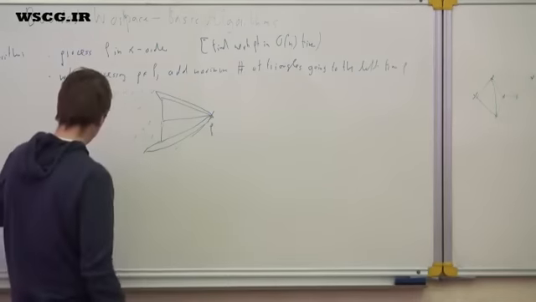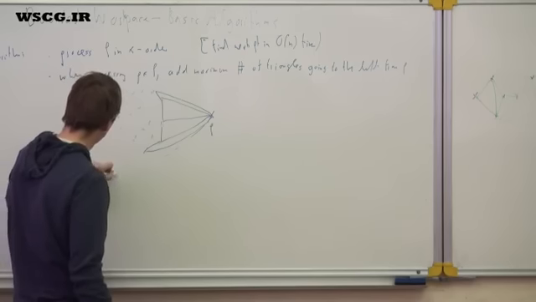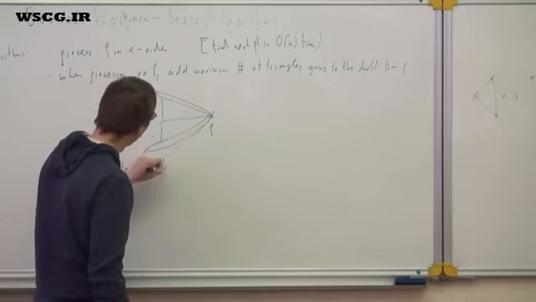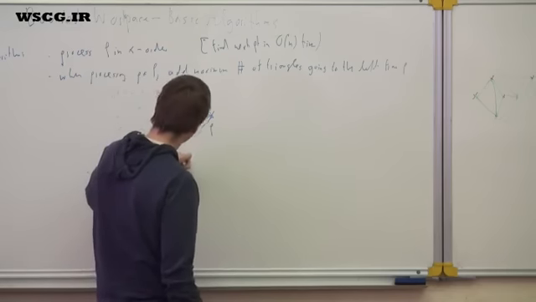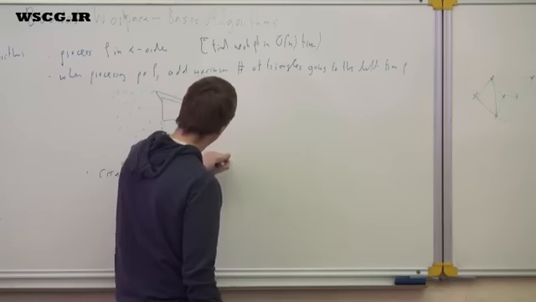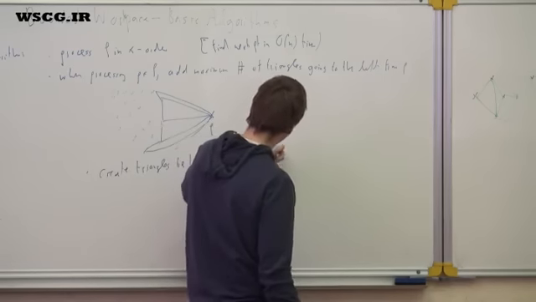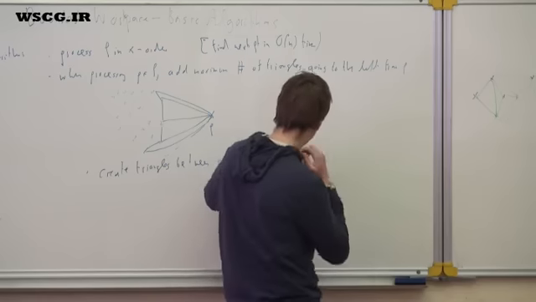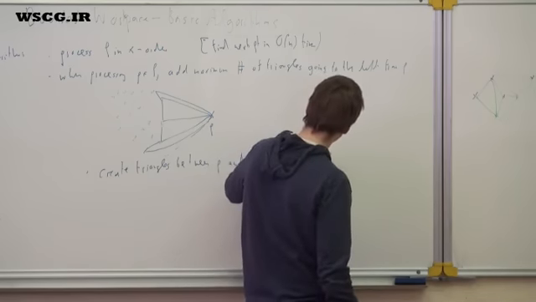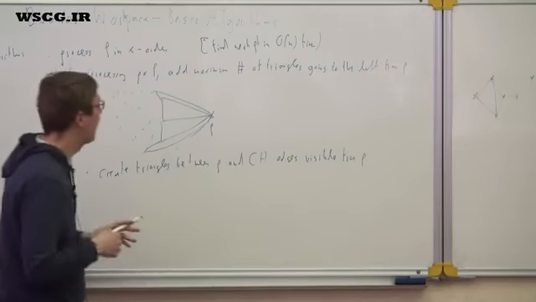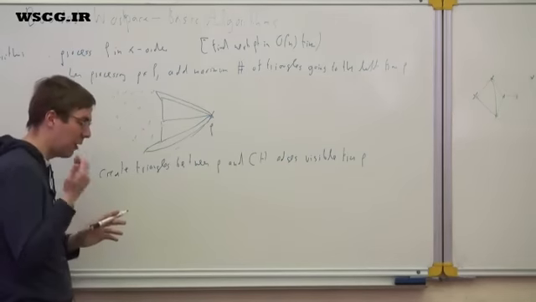So what do we want? Create triangles between P and the convex hull edges visible from P. Right, so this is how we design the triangulation.